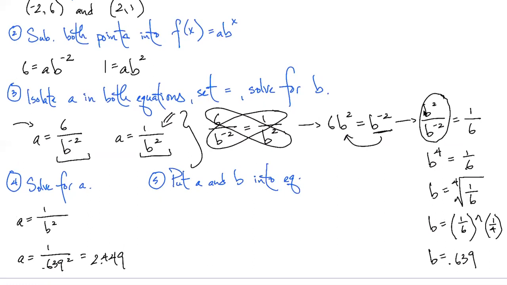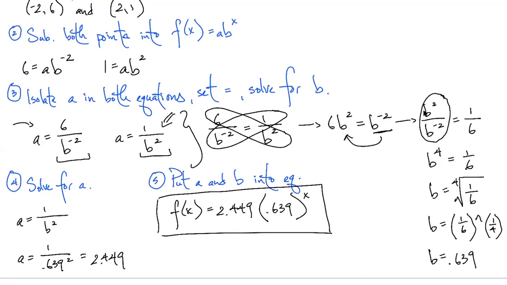So what I mean by that is f of x equals 2.449 times 0.639 to the power of x. The a value that you got and the b value that you got, you just need to plug into the equation.